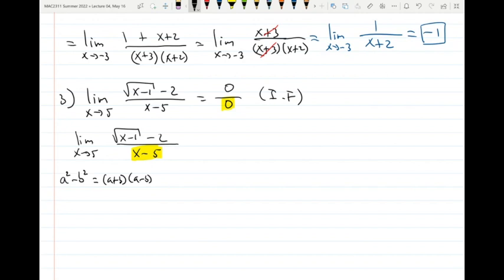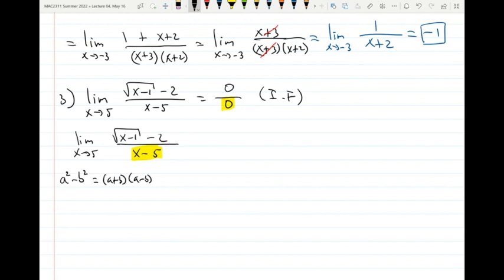We call these guys conjugate expressions. Okay? Notice that they are the same binomial, it's just that one is with a plus, the other one is with a minus. Here your a is the square root of x minus 1, and your b would be 2. Yes? And it has the property that when you multiply an expression like this with its conjugate, what happens? It becomes a difference, but you square both sides, right? And that's exactly what you need, because if you square this, that kills the radical.